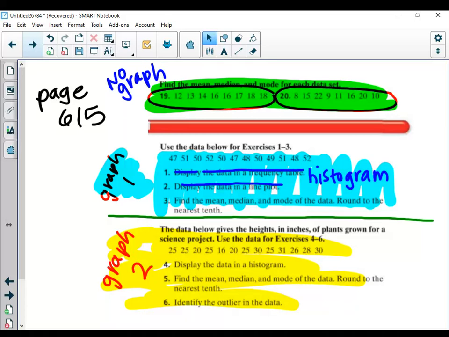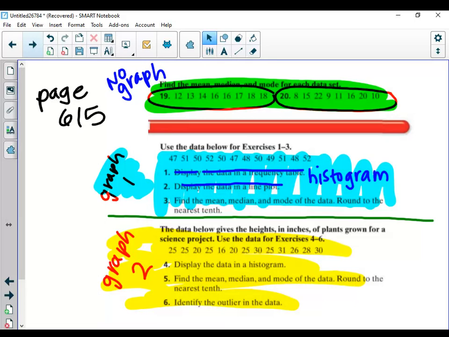Graph 1 says line plot and frequency table. We don't need that. We need a histogram. And then it asks you the questions, mean, median, mode. Graph 2, same thing, histogram, mean, median, and mode.